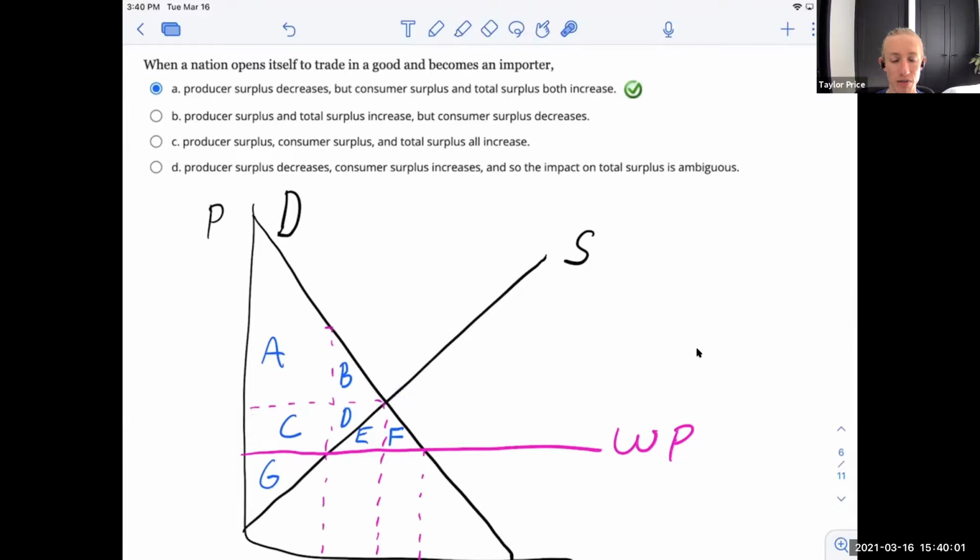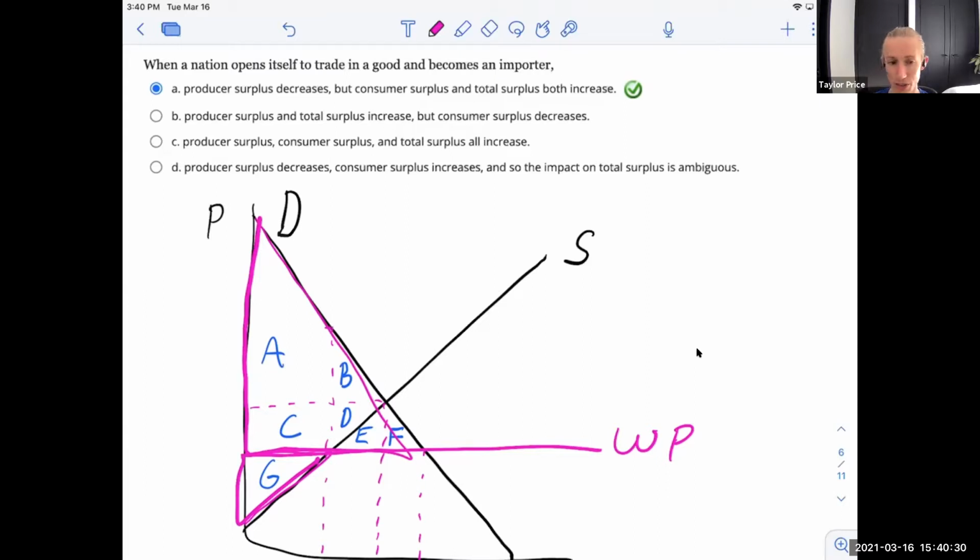So because of that, consumer surplus is going to be this entire triangle, so A, B, C, D, E, and F, whereas producer surplus is just going to be G. And so because of that, producer surplus is going to decrease, and consumer surplus and total surplus are going to increase.